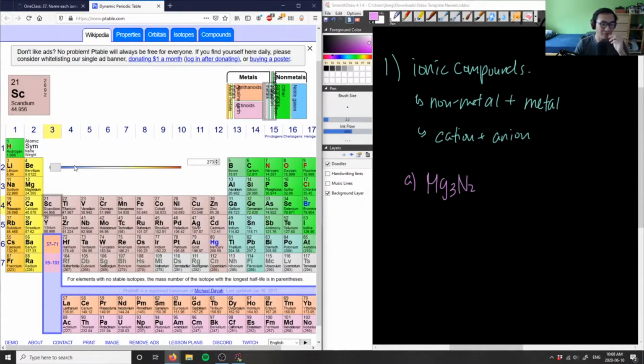Usually, for ionic compounds, the first element is our metal, and the second one is our non-metal. Our metals exist on the left side of the periodic table. So Mg is magnesium, and you can write magnesium.